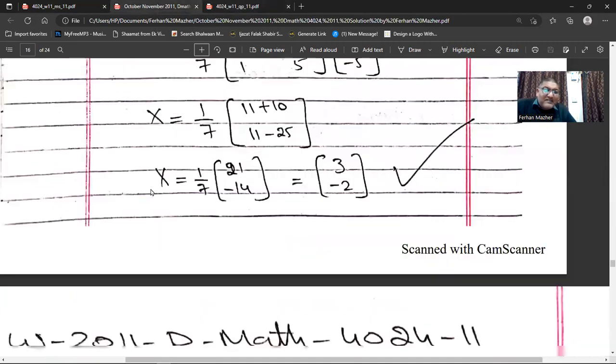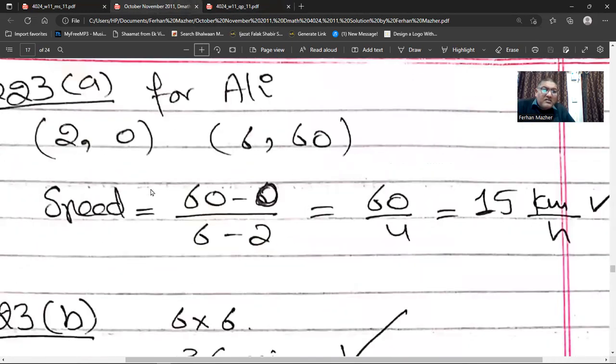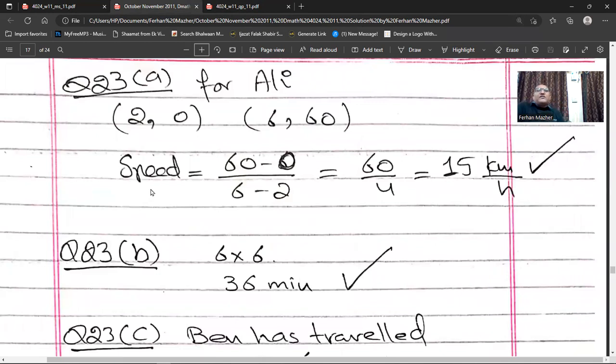For part A of 23, I have taken 2 points on the graph of Ali, that is 2, 0 and 6, 60. So it will be 60 minus 0 divided by 6 minus 2, that is 60 by 4, and that will be 15 kilometers per hour. So the speed of Ali is 15 kilometers per hour.